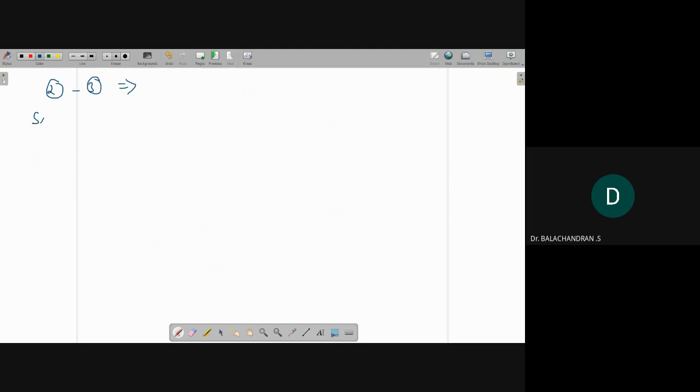sine 5 theta divided by sine theta minus sine 4 theta divided by sine theta.